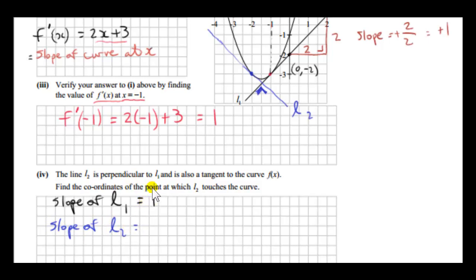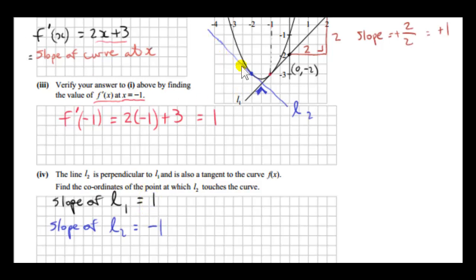If we invert the number 1, we get 1. Change the sign to get -1. That's the relationship between the slopes of perpendicular lines. If we multiply the slopes of perpendicular lines together, we always get minus 1. We explained that in previous videos. So we just take the slope of L1, turn it upside down and change the sign. So we get minus 1.